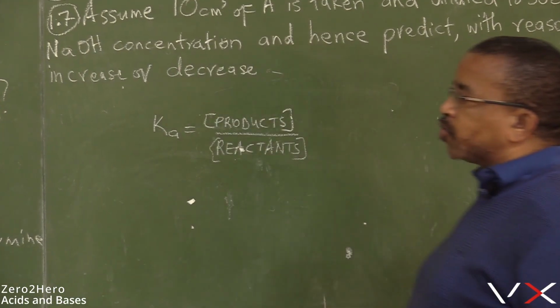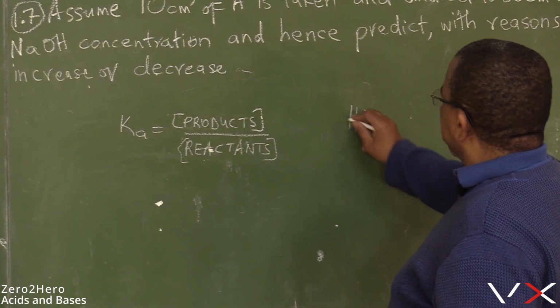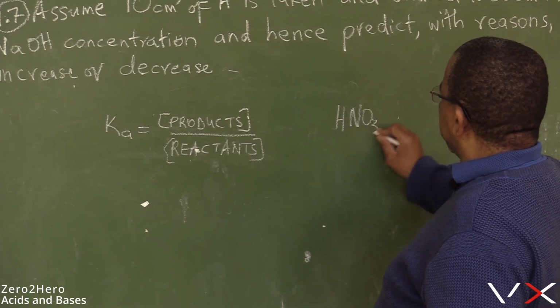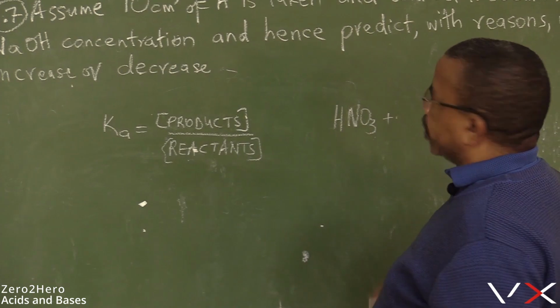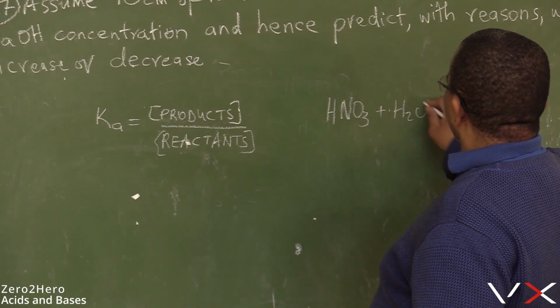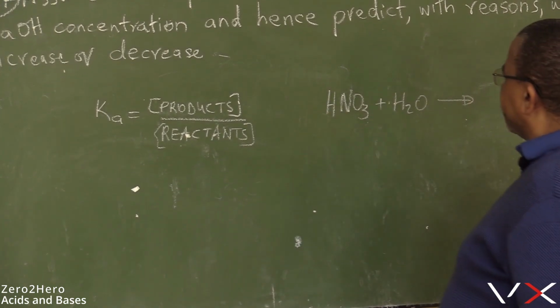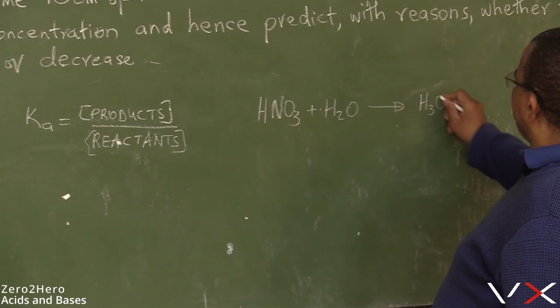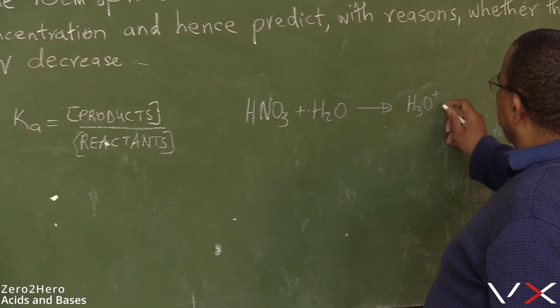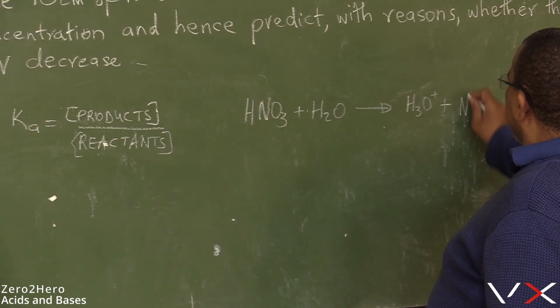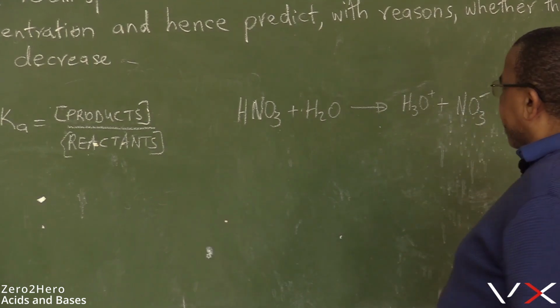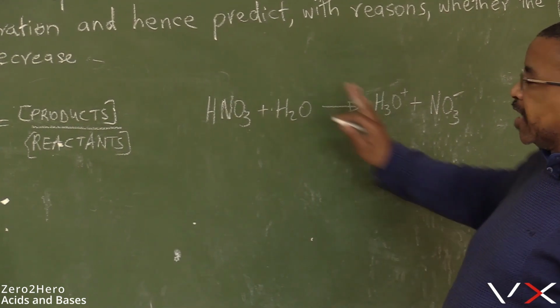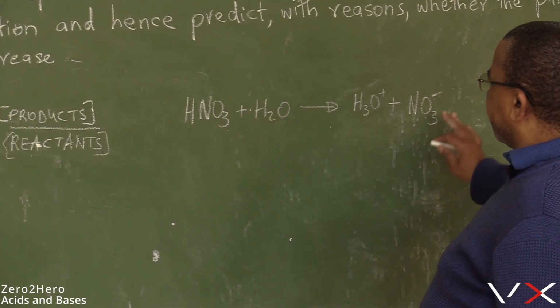Let us look at the first one, HNO3 in water. Once it reacts with water, it forms what? It forms H3O plus and NO3 minus. Now what is the expression for Kc of this one?